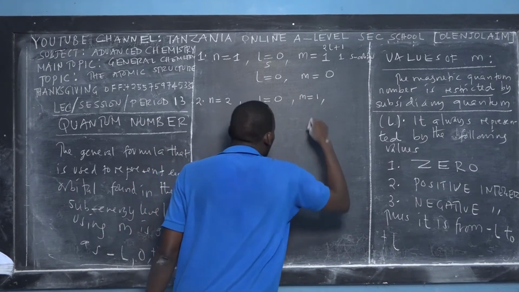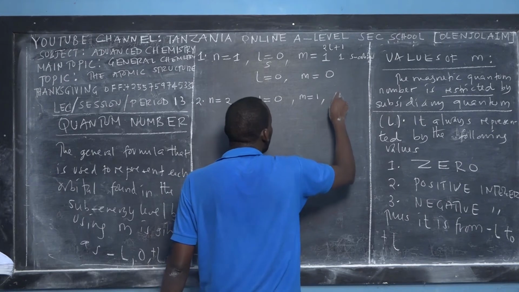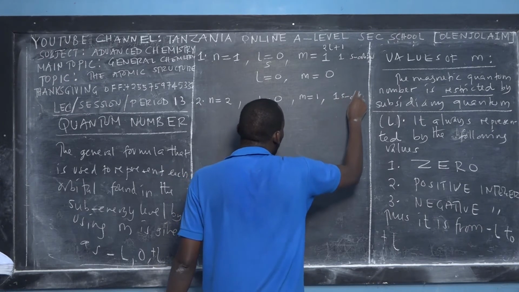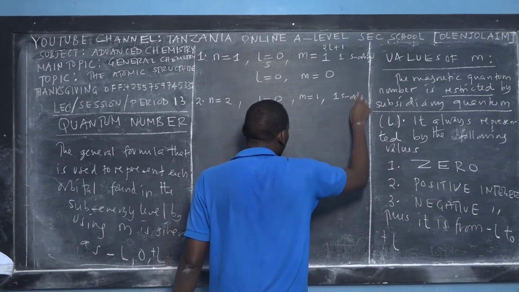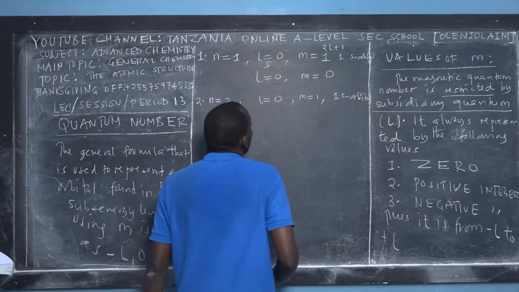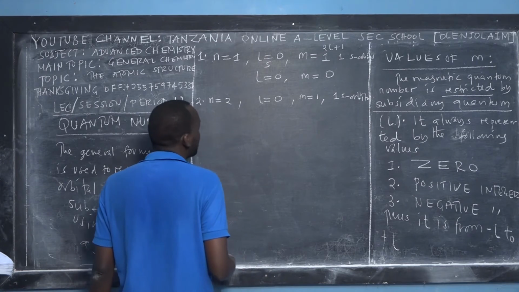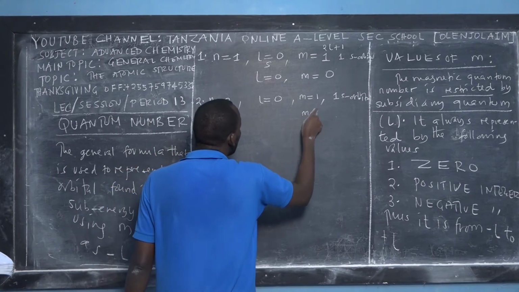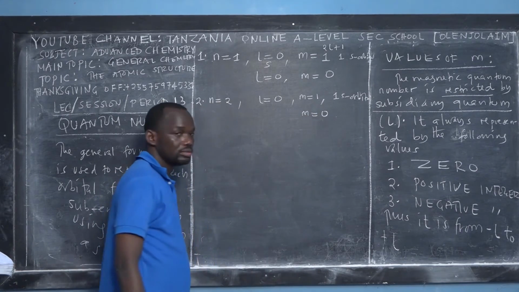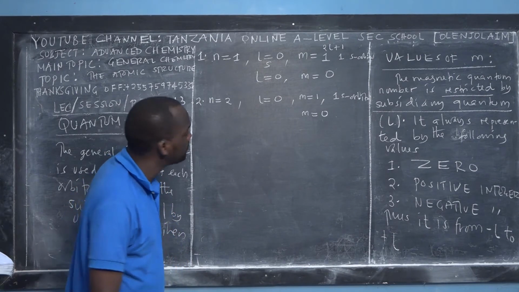And by using the same formula, we conclude that here we have one S orbital. So in terms of representation of the orbital by using the magnetic quantum number, this will be represented as m is equal to 0, because there is only one S orbital.